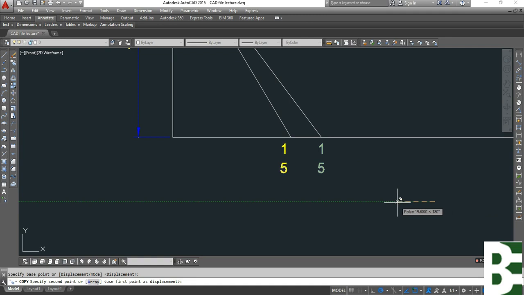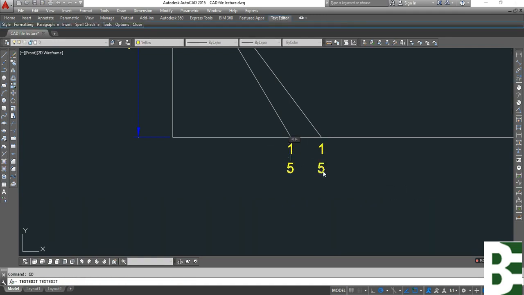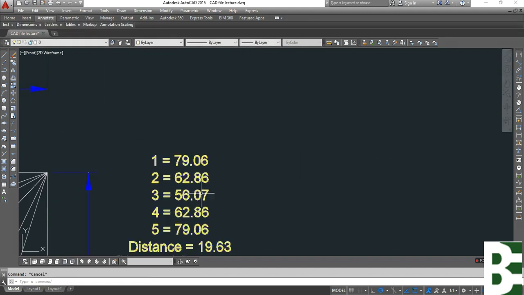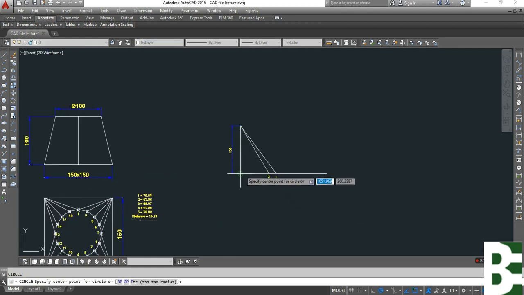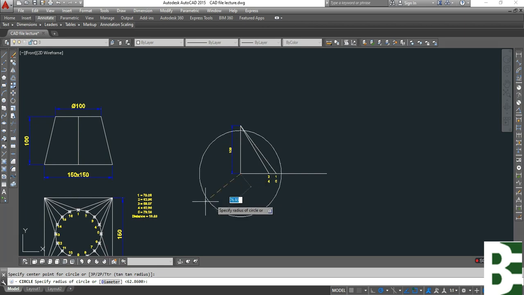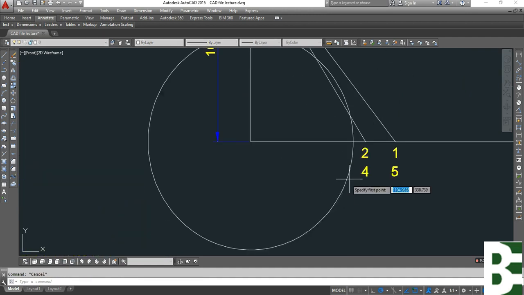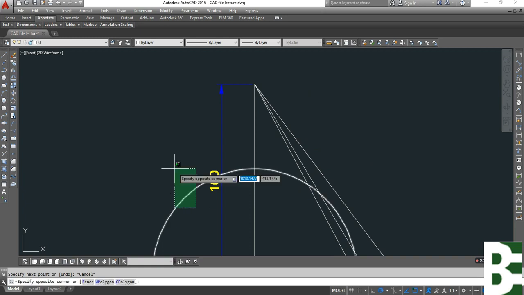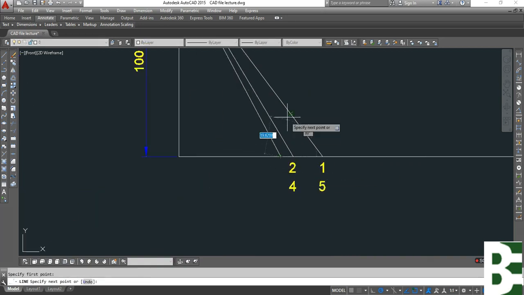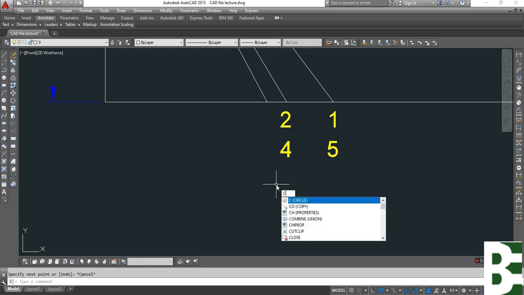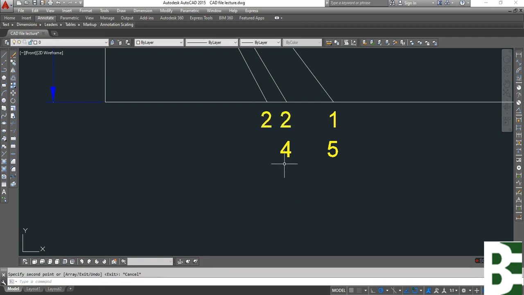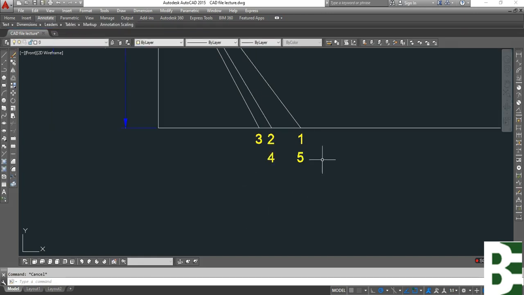And now this is number 2. Number 2 and number 4 are also the same. And now here is number 3. This is the remaining. I'll do the same process for number 3, and I will draw a line from bottom to top. This one is number 3.